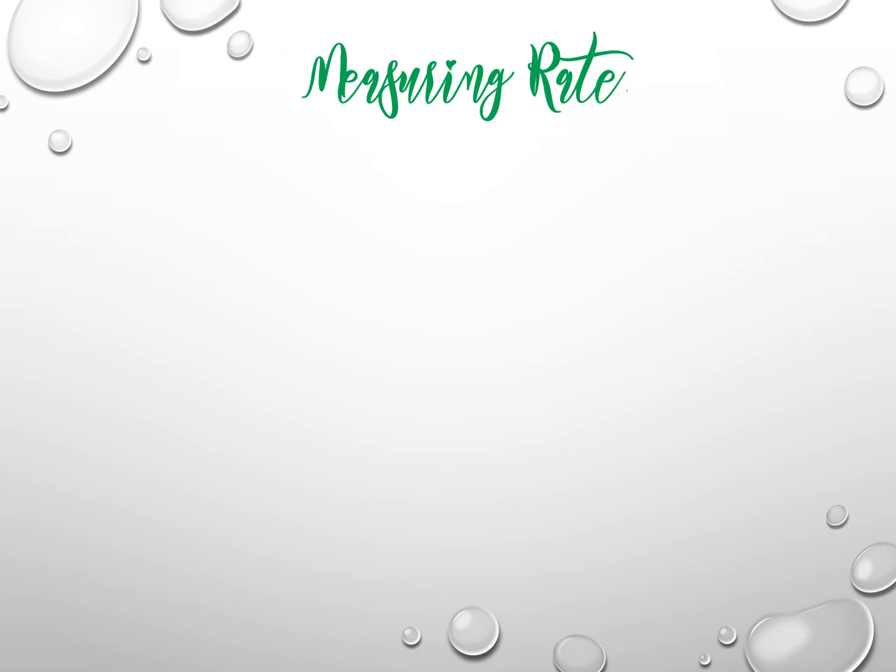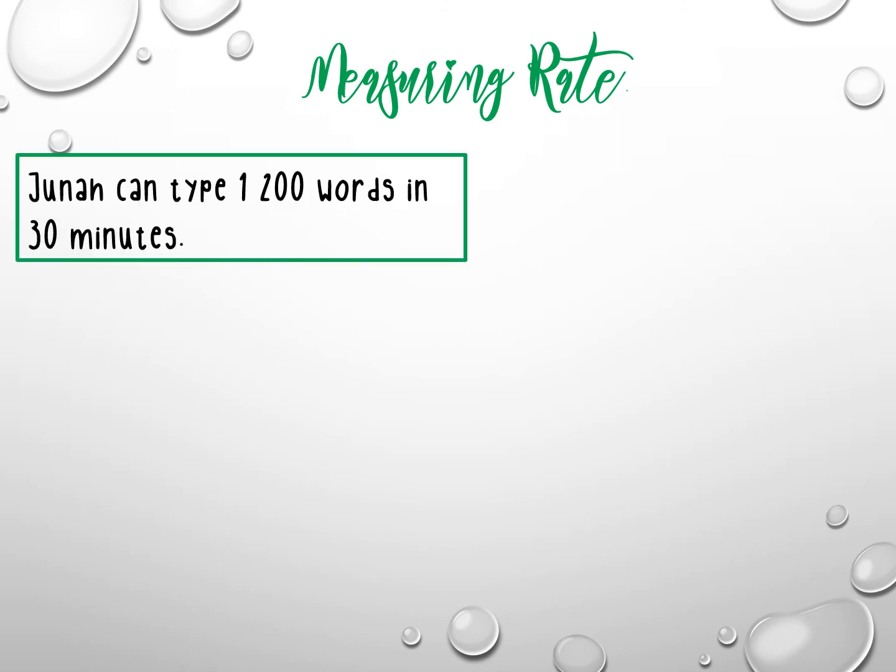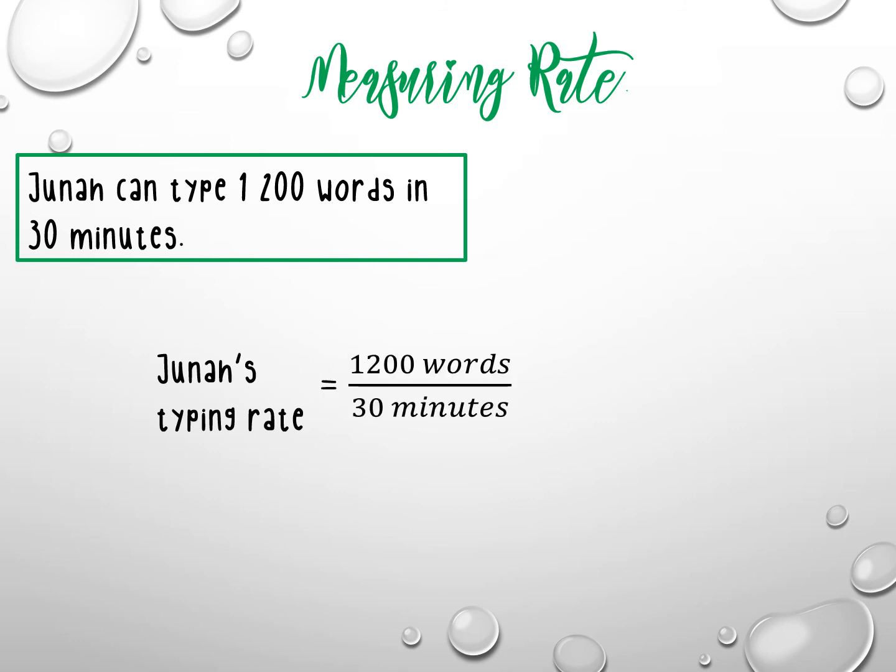Let us cite some example regarding rate. Jana can type 1,200 words in 30 minutes. So, what do you think is the rate of Jana? Jana's typing rate is equal to 1,200 words divided by 30 minutes.